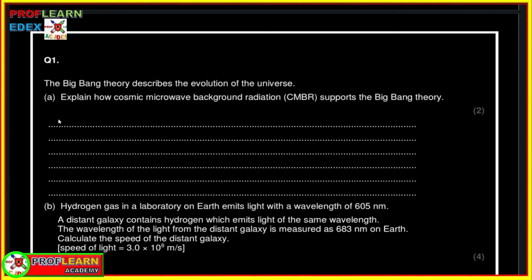So we are supposed to explain how cosmic microwave background radiation supports Big Bang Theory. I need to mention that there are different aspects that we can look at that can really ascertain that the universe might have originated from Big Bang Theory. For instance, the presence of microwave background radiation in the environment is evidence that the universe might have originated from Big Bang Theory.